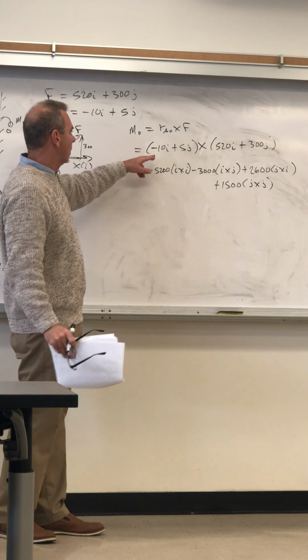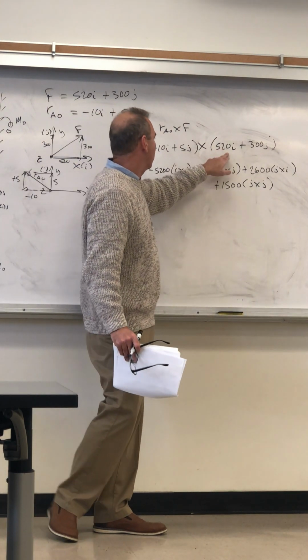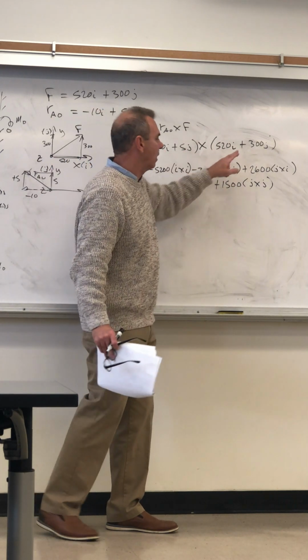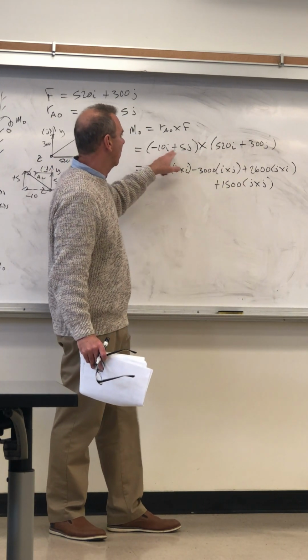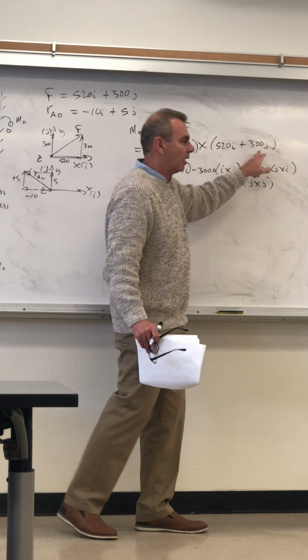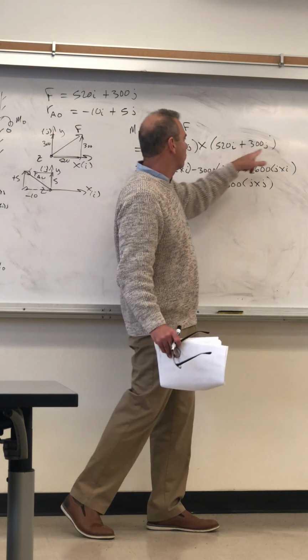Let's start here. It's minus 10I cross that. So that's the minus 5,200 I cross I. And then minus 10I cross 300. Those are constants, the 10 and the 300. So that's minus 3,000 I cross J.